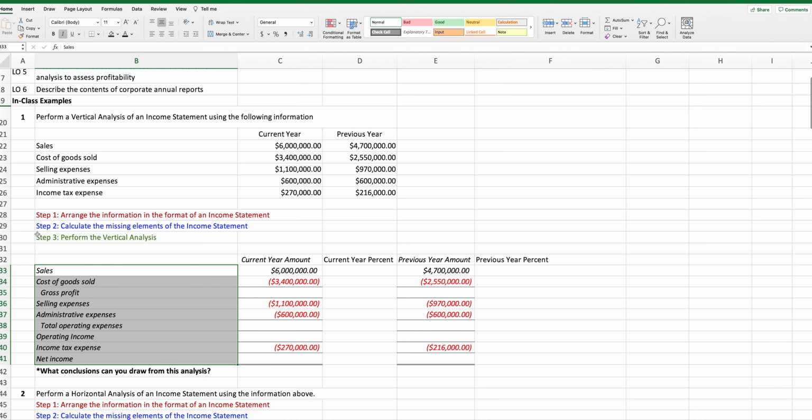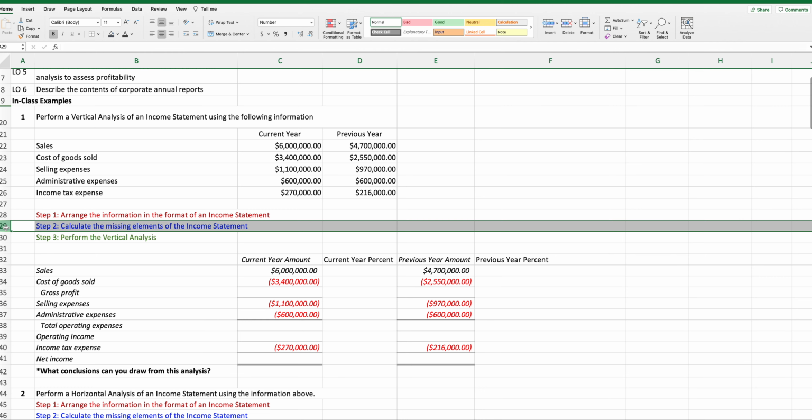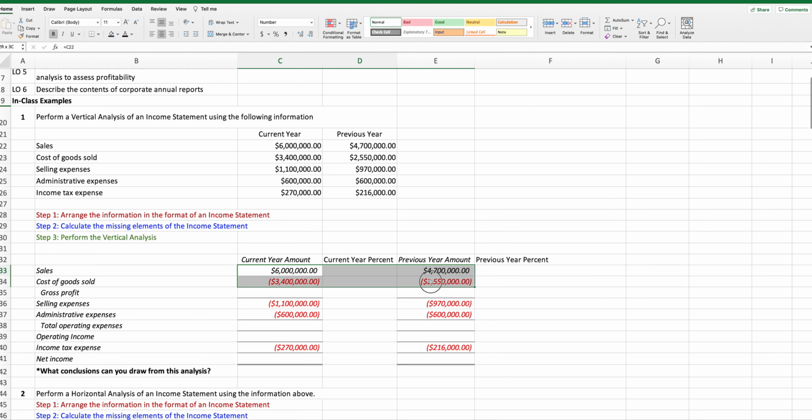Now we need to calculate the missing elements of the income statement. Again, I have gone ahead and laid in the information that was provided to us above, but I am going to walk back through it really quickly. I had a choice here.